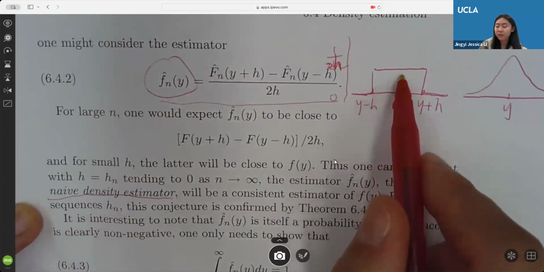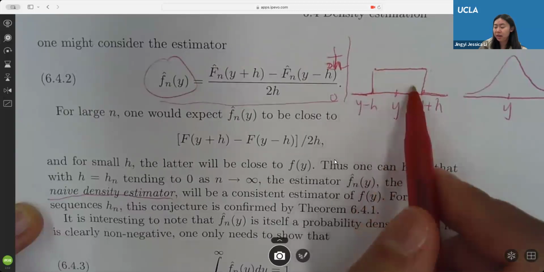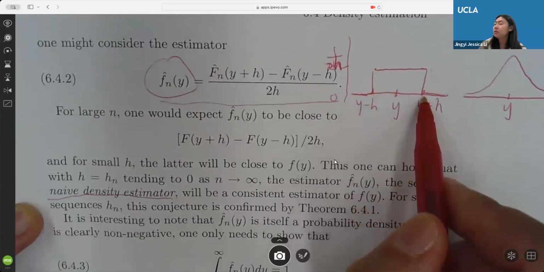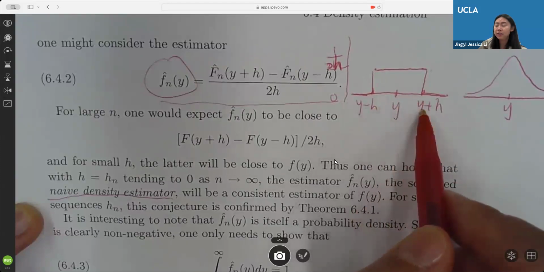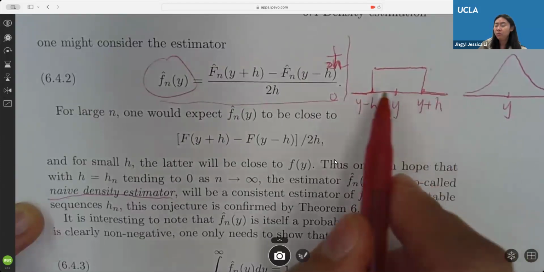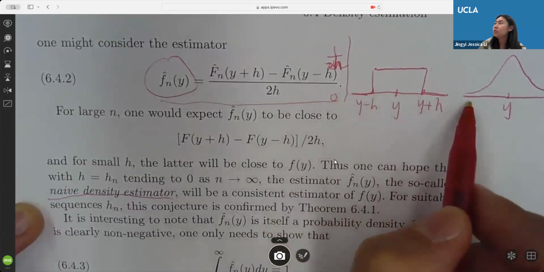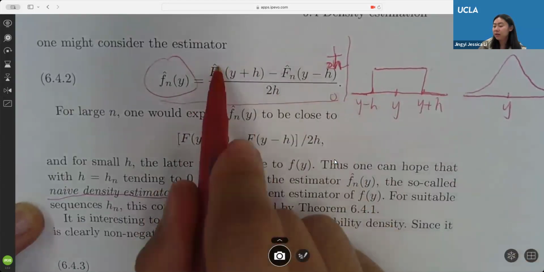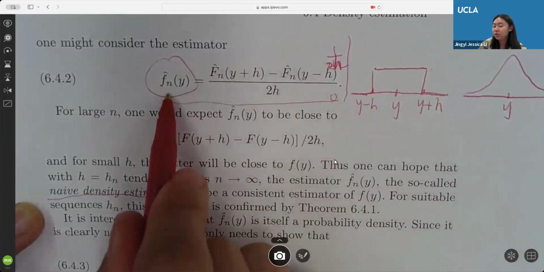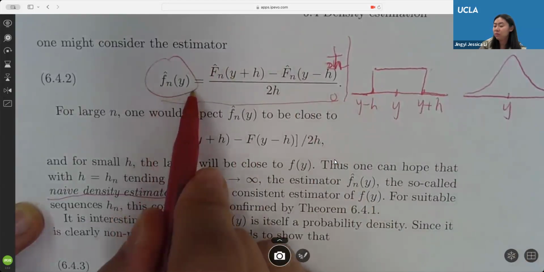That is, we give uniform density to data points in the interval from y minus h to y plus h. Outside of the interval, we assign the weight 0. So this is how we use data points to help us estimate the density of y.